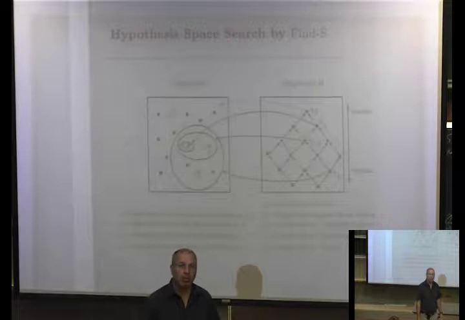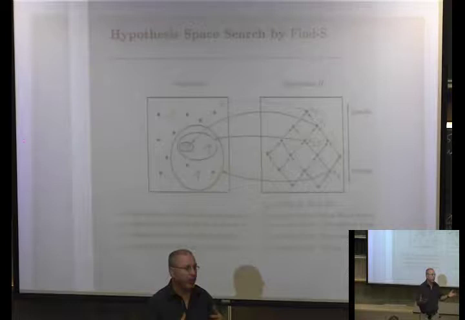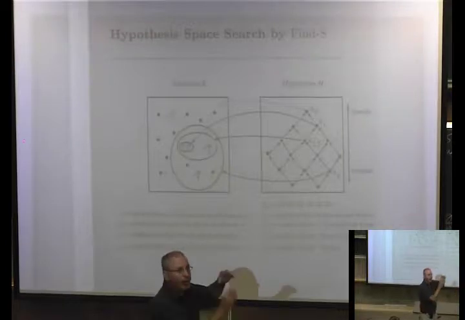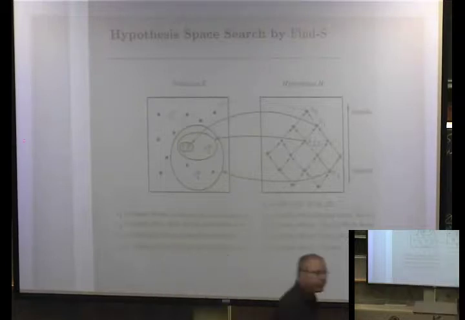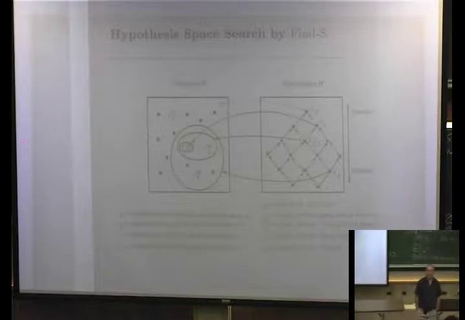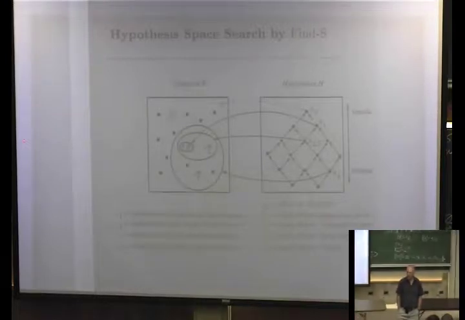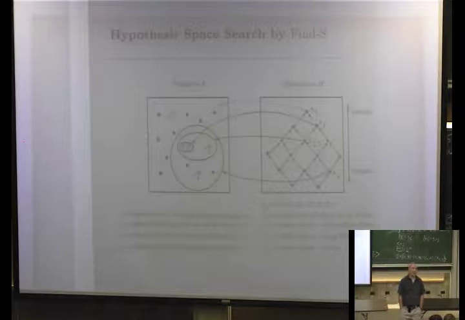Now what if we chose a representation that allowed all functions, namely H equals C? How would these subsets grow? Slowly, one by one.